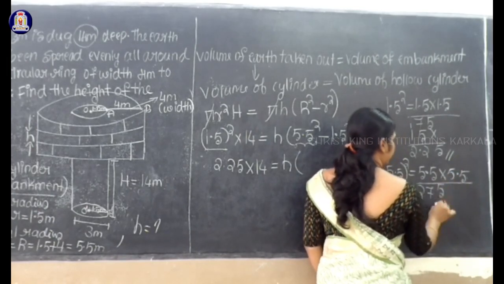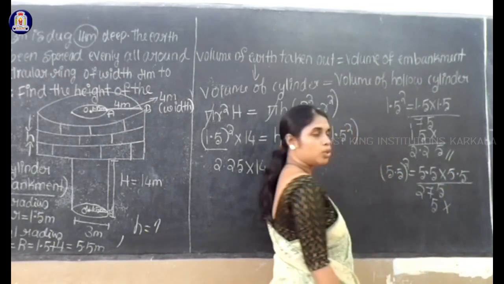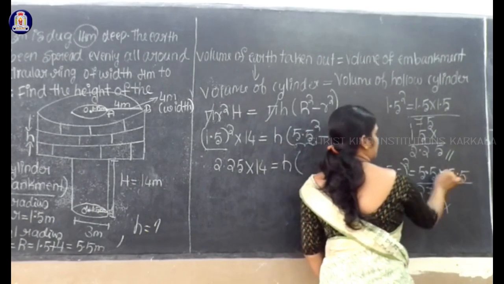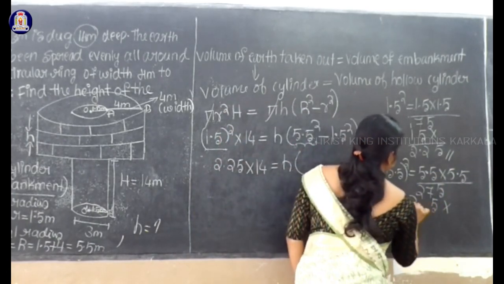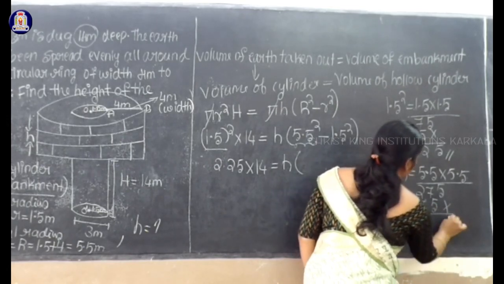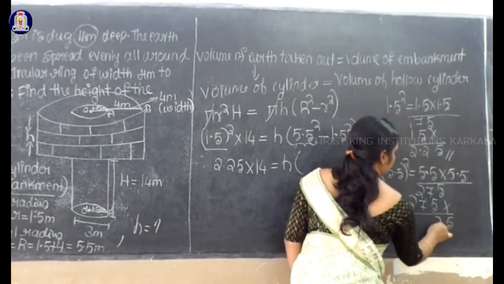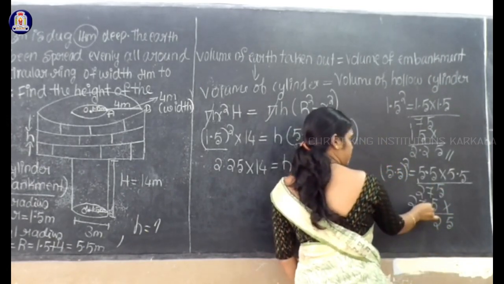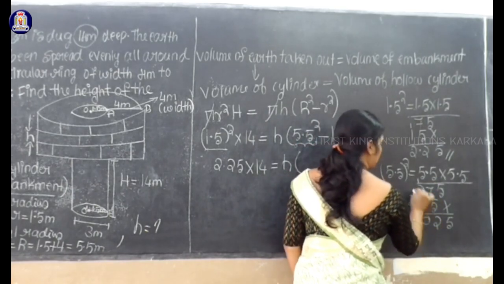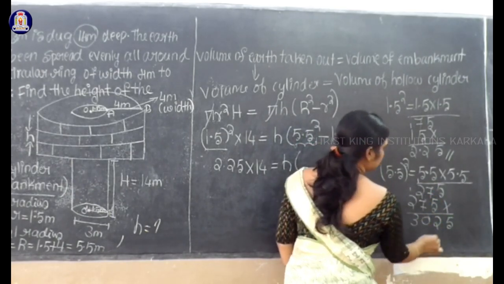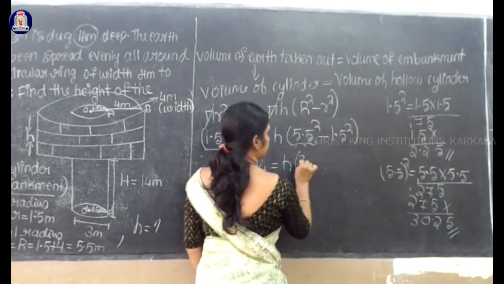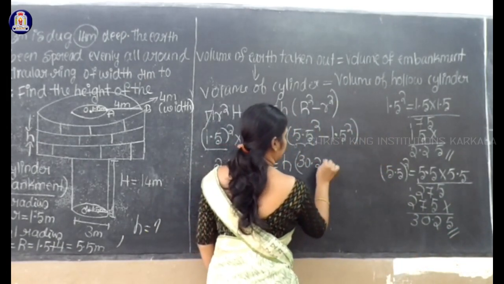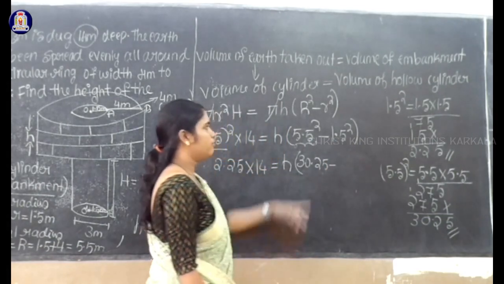Once again 5 fives are 25, 2 carry, 5 fives are 25, 25 plus 2 is 27. So we'll simplify: 5, 7 plus 5 is 12, 7, 8, 9, 10, 1 carry. So we will get 30.25. 30.25 minus 1.5 whole square.